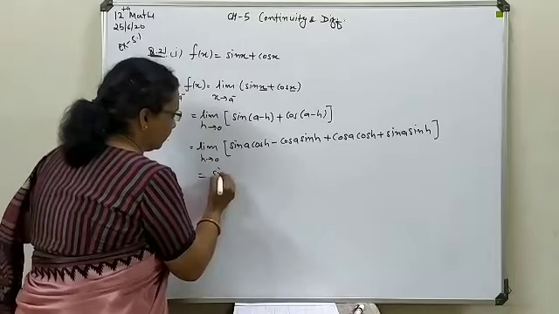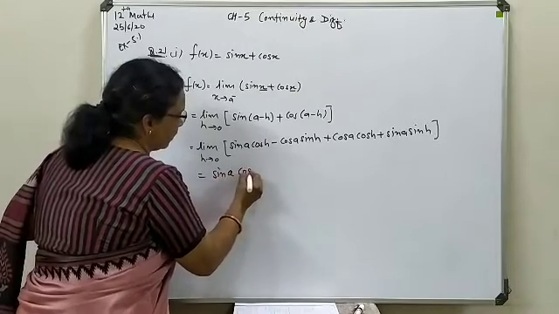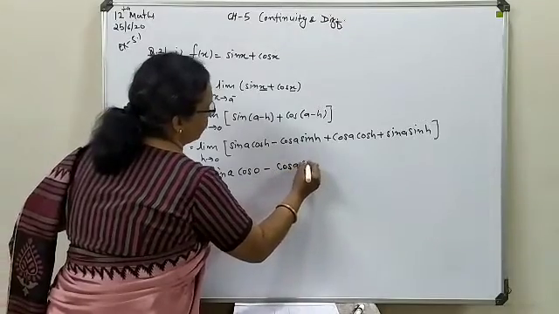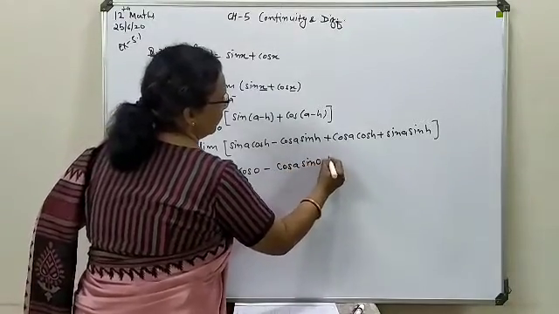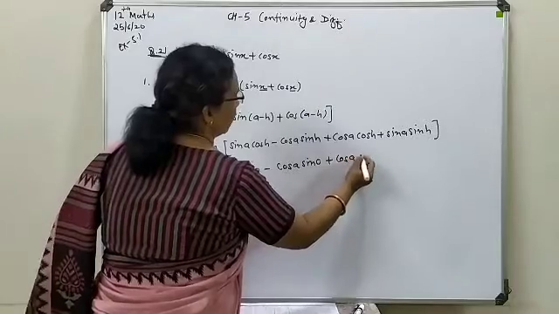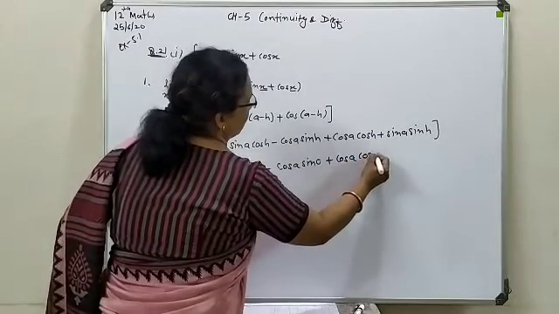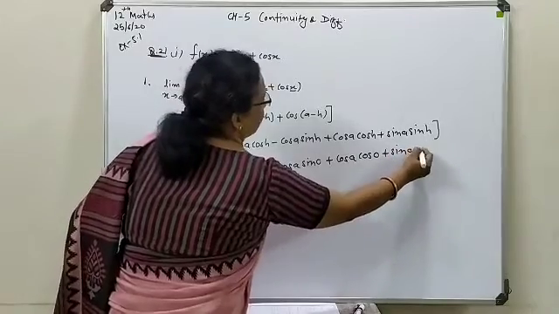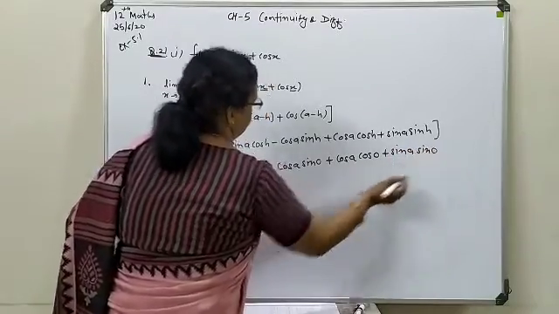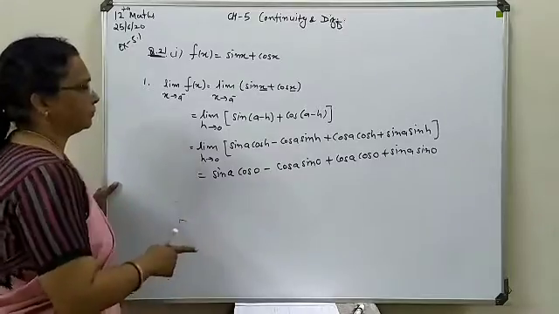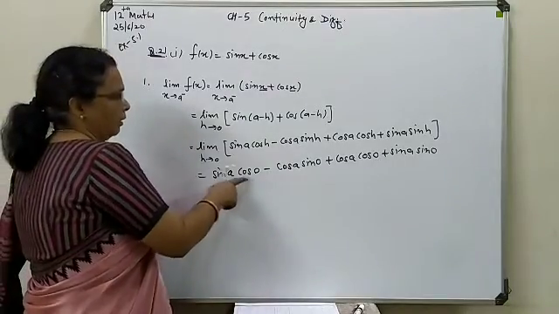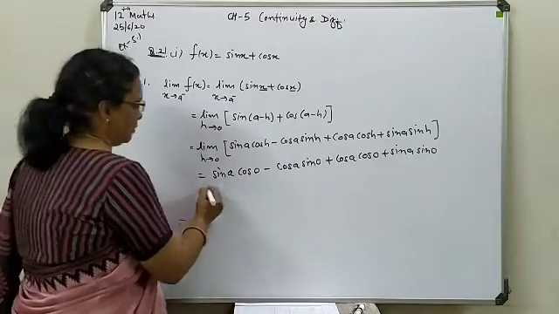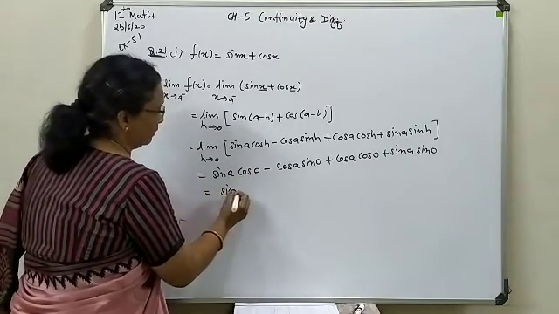So this will be sin a cos 0 minus cos a sin 0 plus cos a cos 0 plus sin a sin 0. Here you can see cos 0 means 1, so you will have sin a.